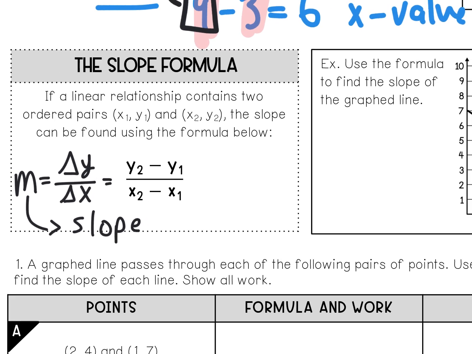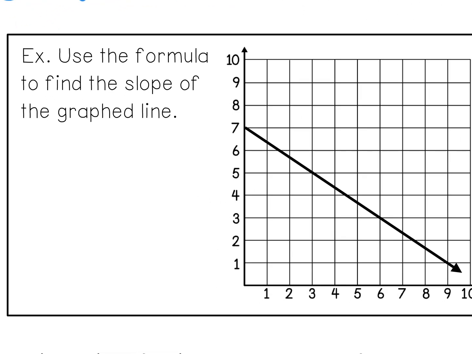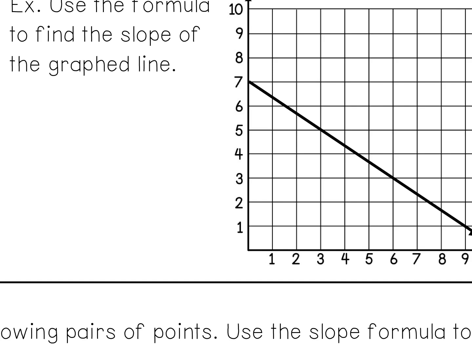Okay, so once again, we're going to look at a graph and use that to bridge the gap back to points. So what is the x value and y value for one of the points? Right here? (2, 2)? That's on the line? (3, 5).